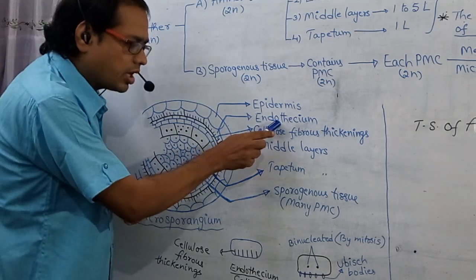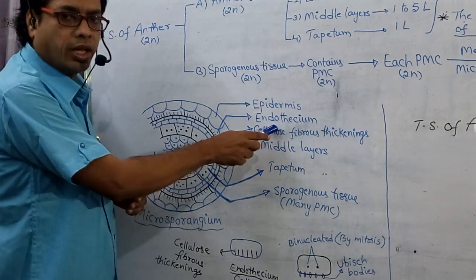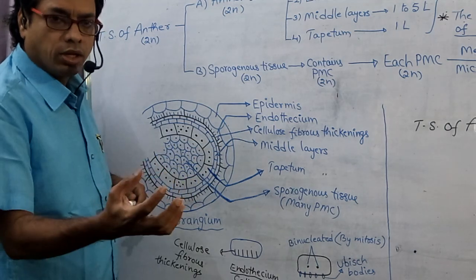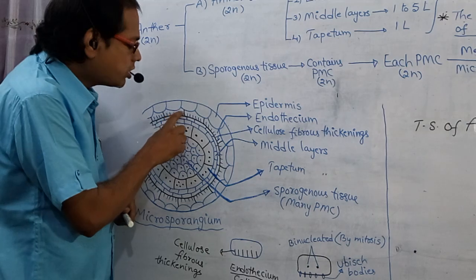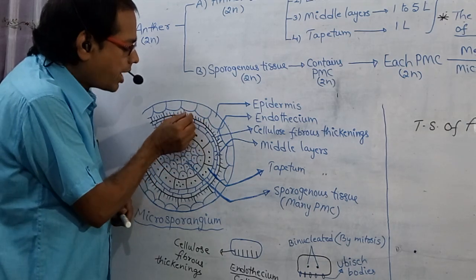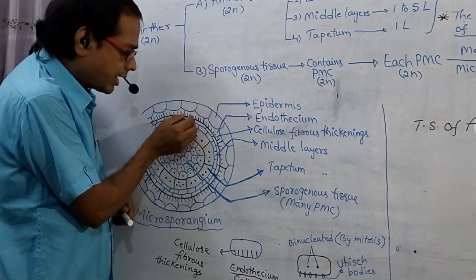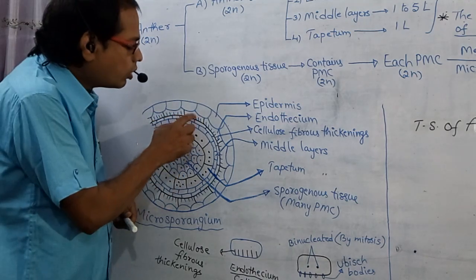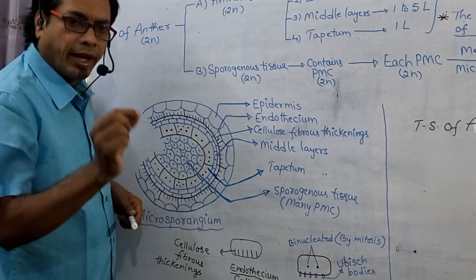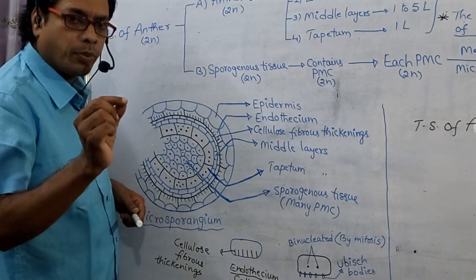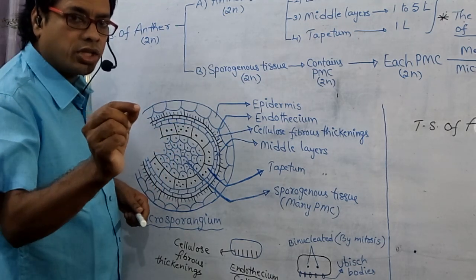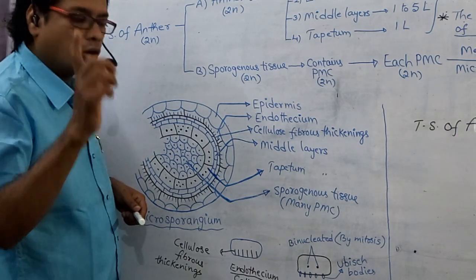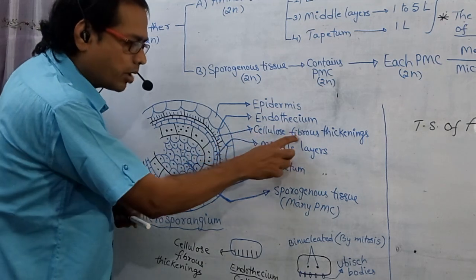Hygro means water or moisture. These endothecium cells expand radially and contain cellulose fibrous thickenings. Fibrous thickenings are present in which type of cells? Endothecium cells. Fibrous thickenings are made up of cellulose. That's why cellulose fibrous thickenings.